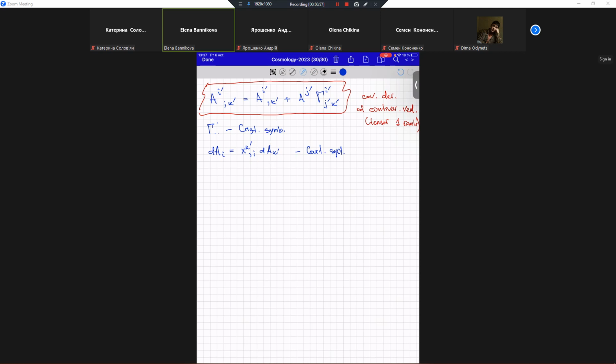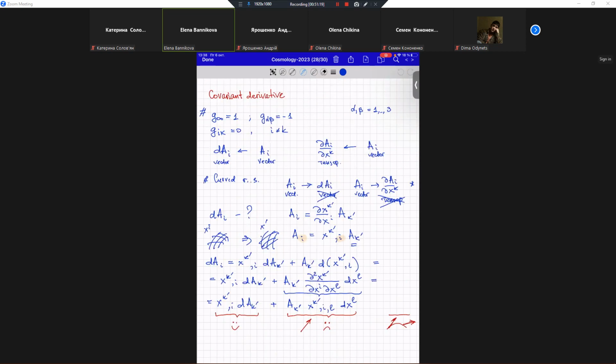But, as I already said, this is realized when we have a linear dependence of coordinates between the prime reference system and the not prime reference system, due to the fact that in this case this equals 0.